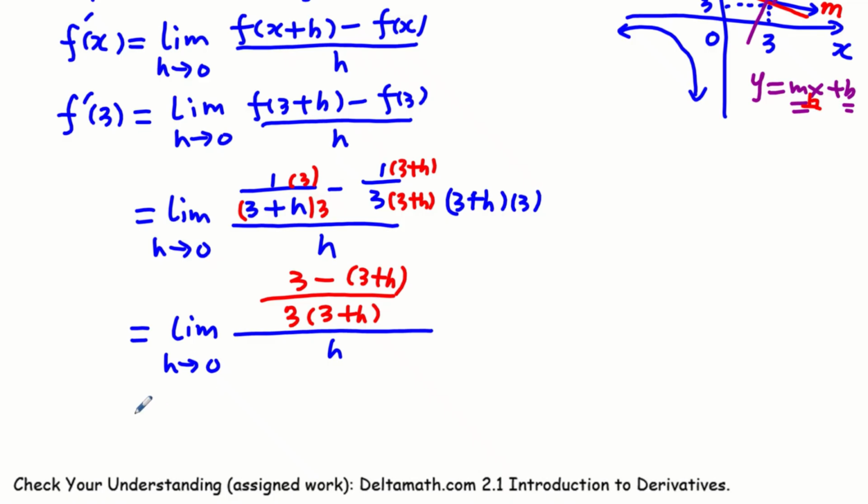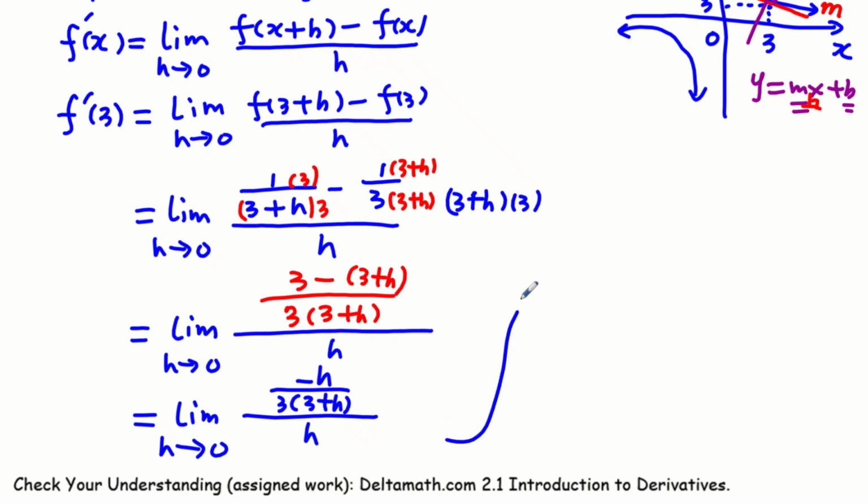Then we are going to simplify. We have the limit as h approaches 0 of 3 minus 3 plus h, which gives negative h, over 3 times bracket 3 plus h, all over h. So negative h over 3 times 3 plus h.